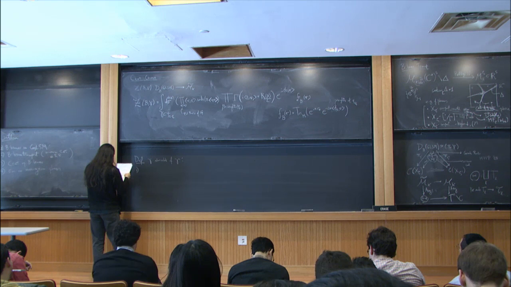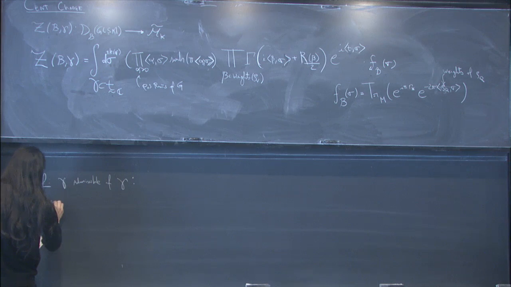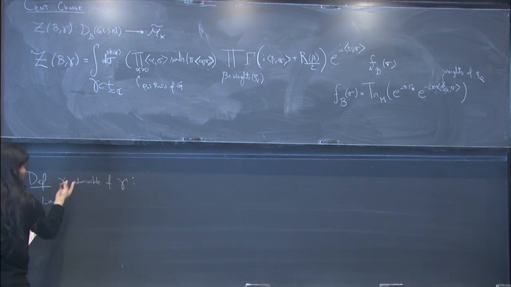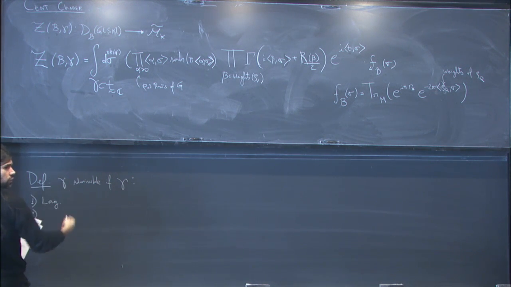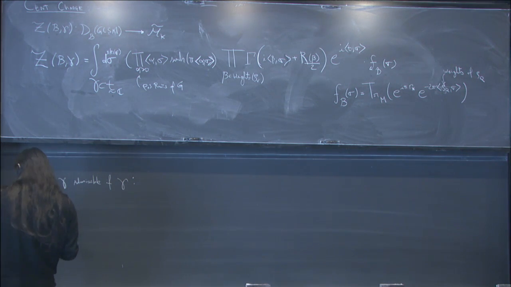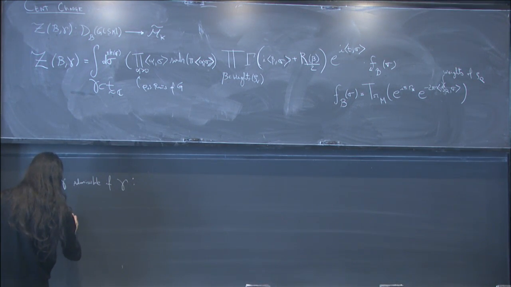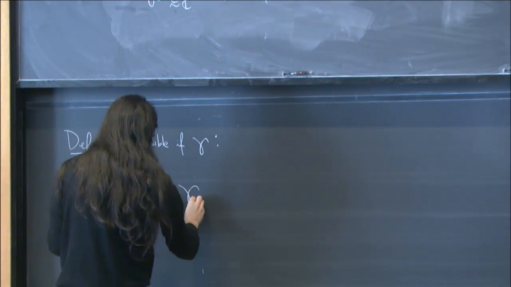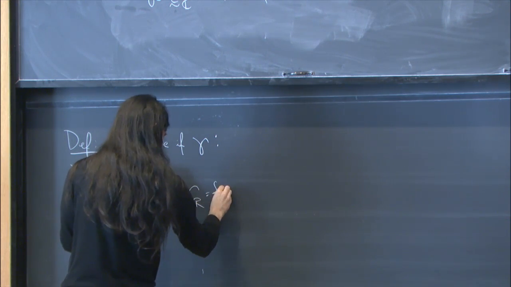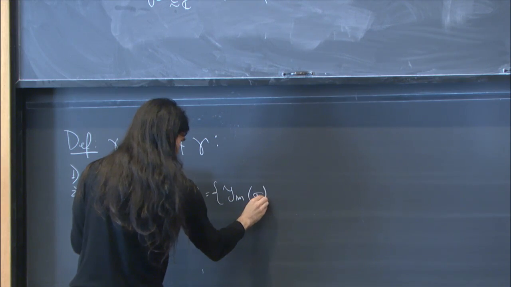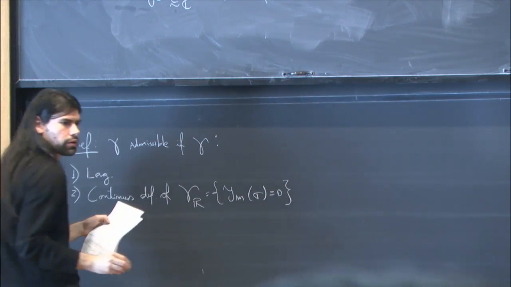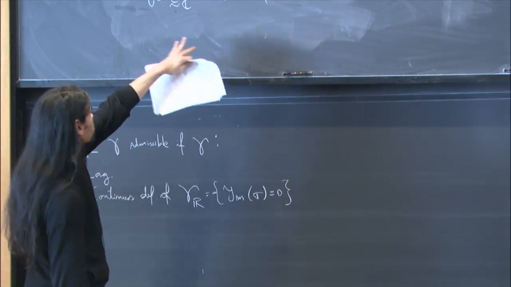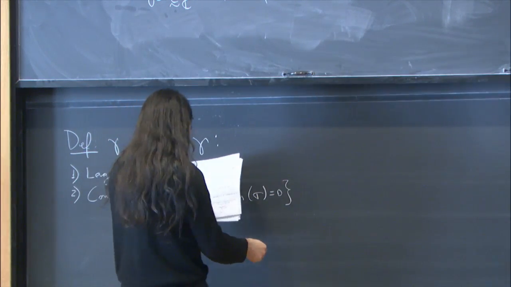One condition is that it's Lagrangian inside T, with respect to the usual symplectic form there, it's just a vector space. And it is a continuous deformation of what I call gamma_R, which is imaginary part of sigma equal to 0, the real Lagrangian inside here. I'm defining it that way.